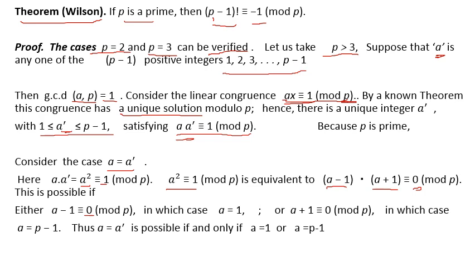So if A minus 1 is 0, then A is congruent to 1. That is, A is 1. If A plus 1 is 0, then A equals minus 1, or A is congruent to p minus 1. Therefore, A equal to A dash is possible only when A is 1 or p minus 1.